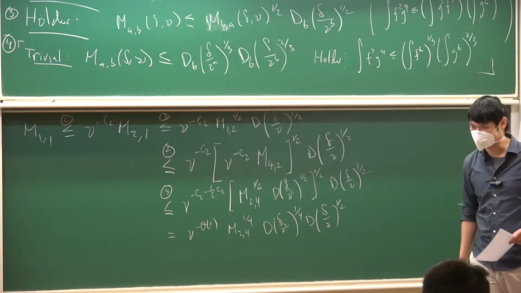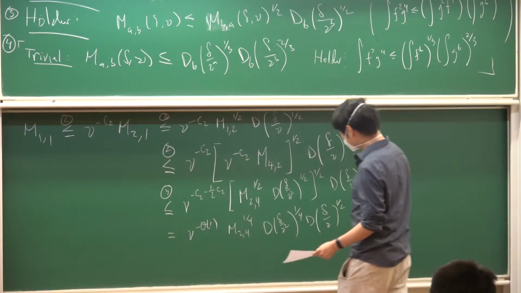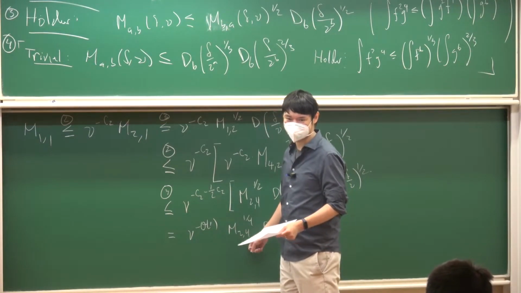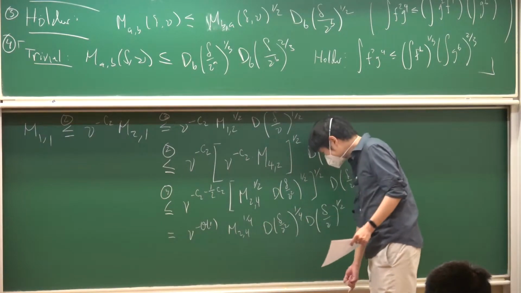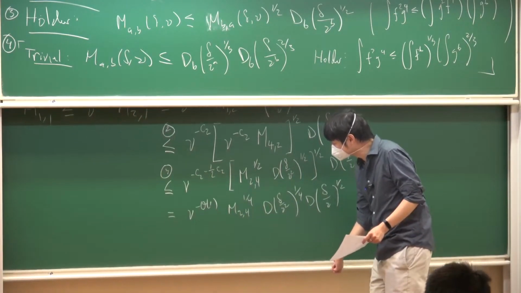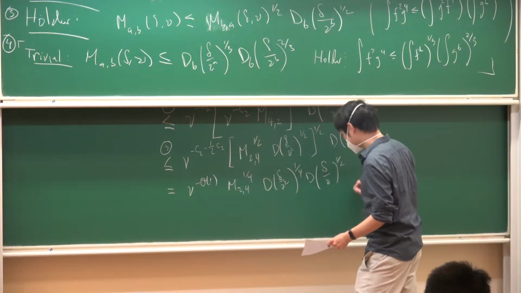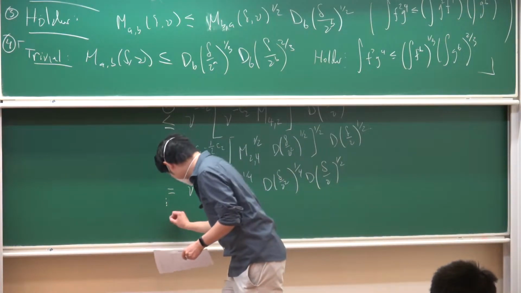So then you create a parameter n. n is the number of times you up this. Basically, you up this all the way up to 2 to the n. n is a parameter chosen later. So you continue this process, dot, dot, dot. And what do you get in the end?